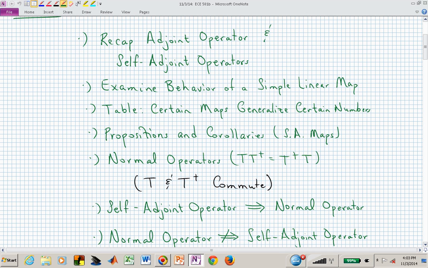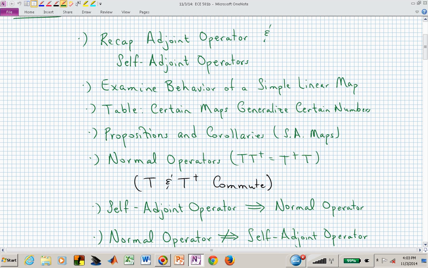We'll recap the adjoint and what it means to be self-adjoint in terms of an operator. Then we will examine the behavior of a simple linear map, and about as simple as you can get is a 1 dimension to a 1 dimension, a scalar mapping.